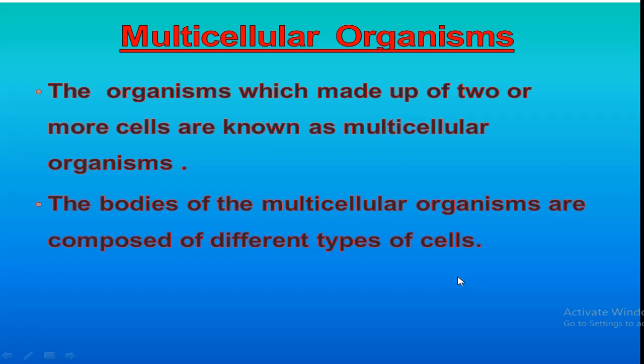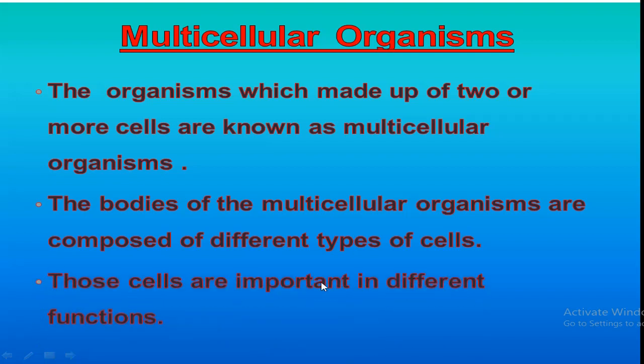Multicellular organism means an organism made up of 2 or more cells, and these cells are different. Those cells are important in different functions. These cells are different from each other, and different types of cells perform different functions in the multicellular organism.